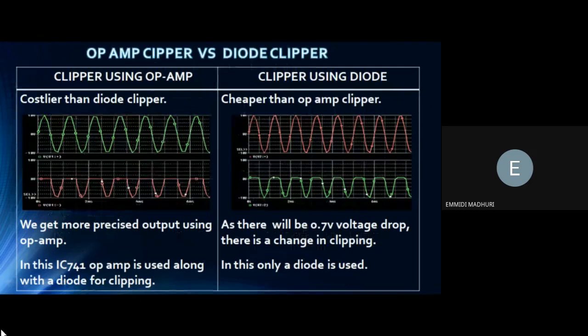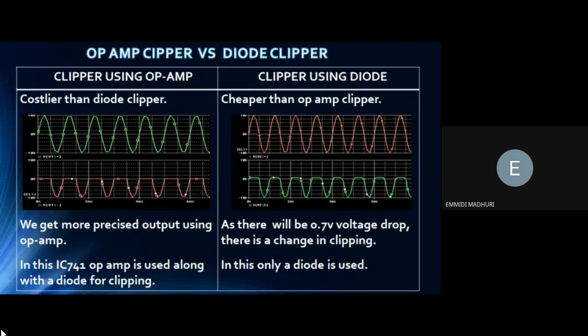Now we can see the basic comparison of op-amp clipper and diode clipper. Op-amp clipper is costlier than diode clipper, whereas diode clipper is cheaper than op-amp clipper. These are the outputs of the diode clipper and op-amp clippers. In op-amp clippers, we get more precise output using the op-amp.